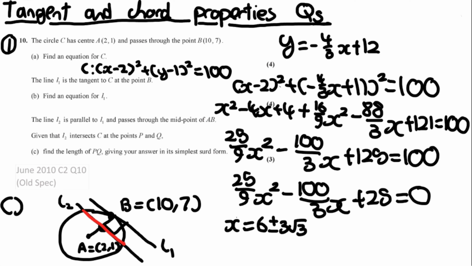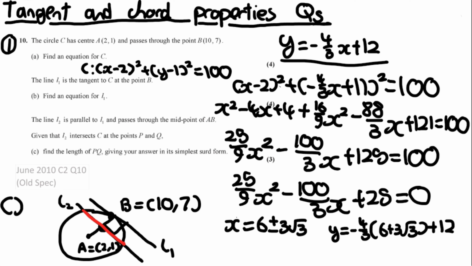And then we can find the y values by subbing this in. So we sub it back into this up here. So we do y is equal to minus 4 over 3 (6 plus 3 root 3) plus 12, which is going to be equal to 4 minus 4 root 3.